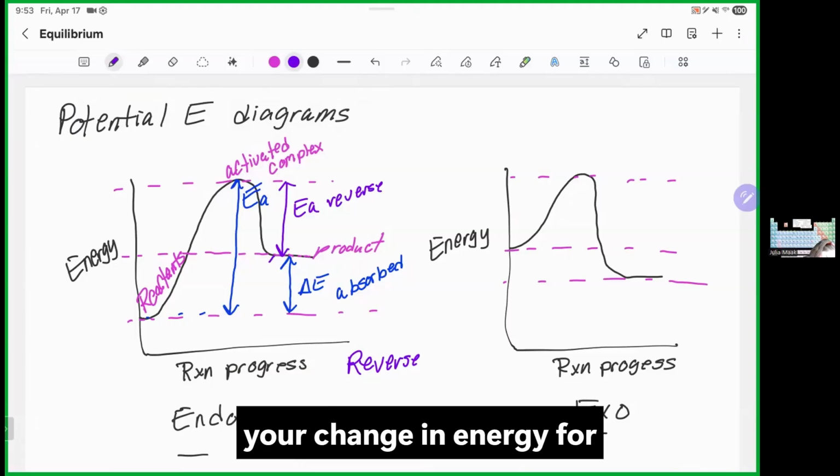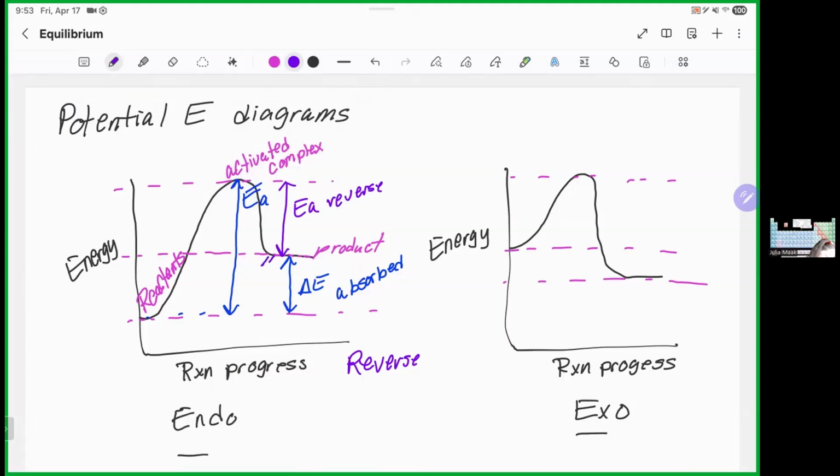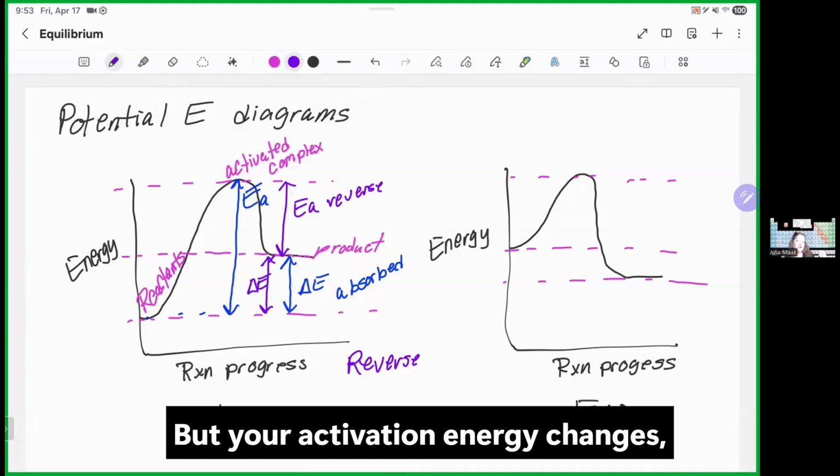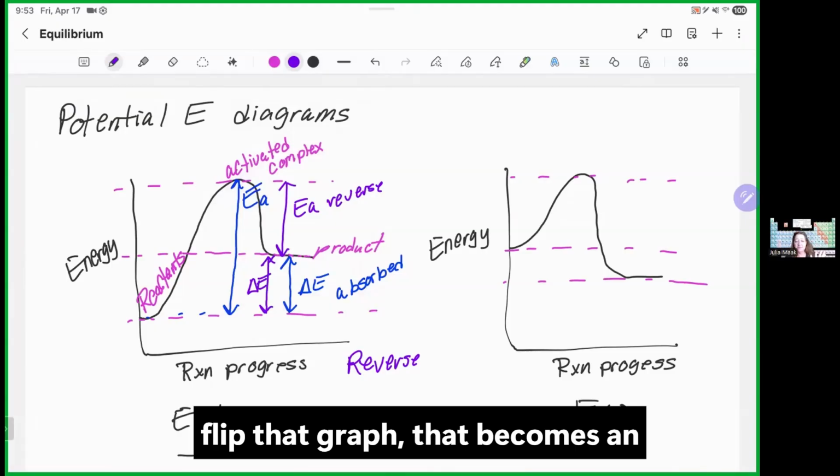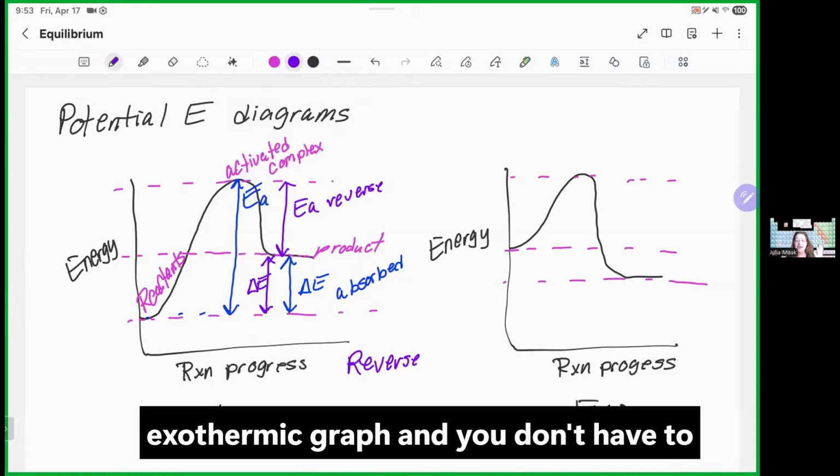Okay, your change in energy for the reverse reaction is the same. Right? But your activation energy changes, right? For the activation energy, if we flip that graph, that becomes an exothermic graph, and you don't have to overcome as much energy.